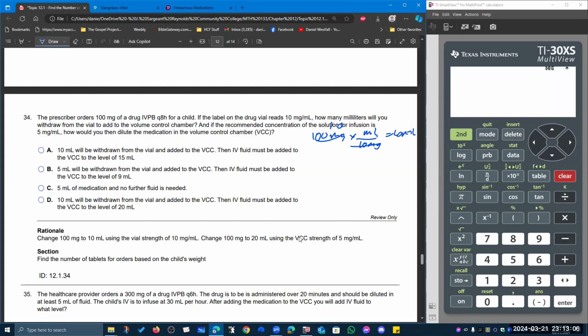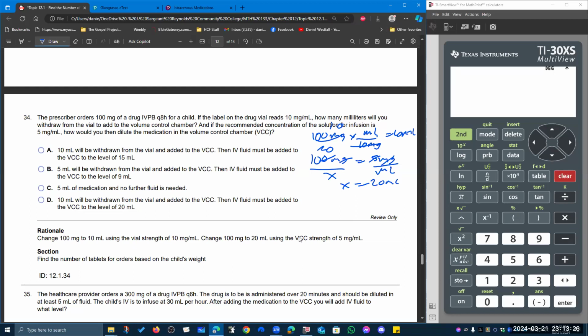Then the recommended concentration is 5 milligrams per milliliter. So that's going to be X is 20 milliliters.